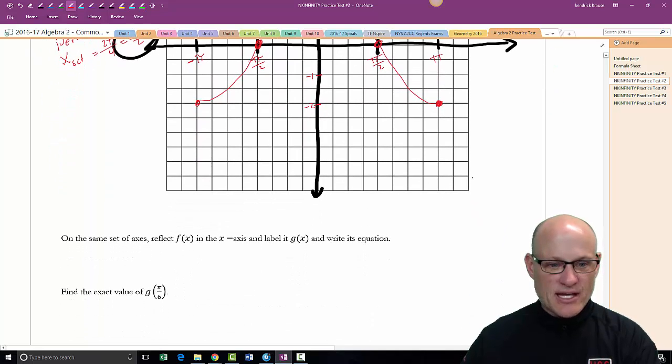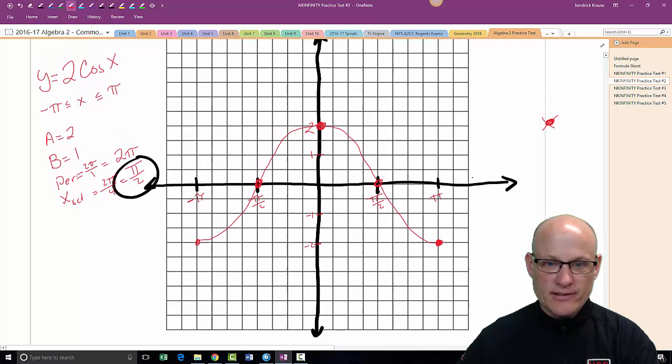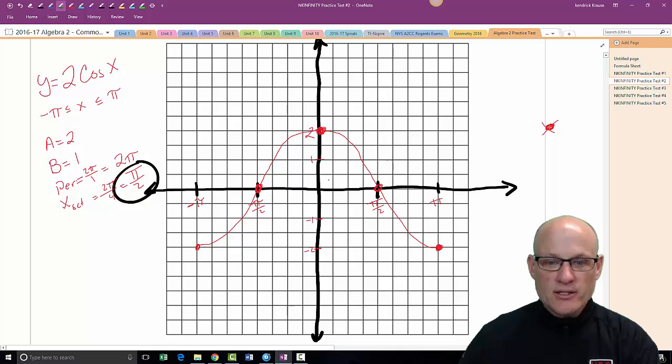So on the same set of axes, graph, reflect the function and label it g of x and write its equation. Oh, are you guys kidding me? So let me grab a different color, green, and I'm going to reflect it. So green would go here. These would stay the same.